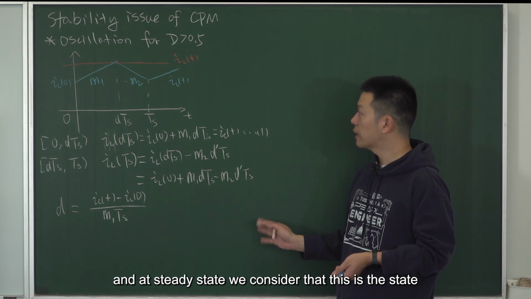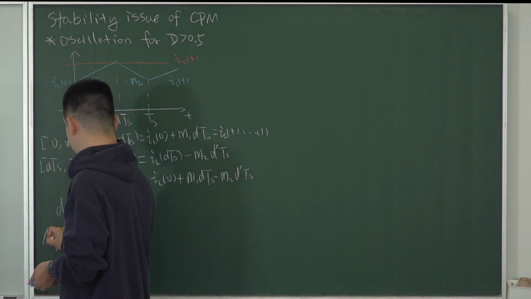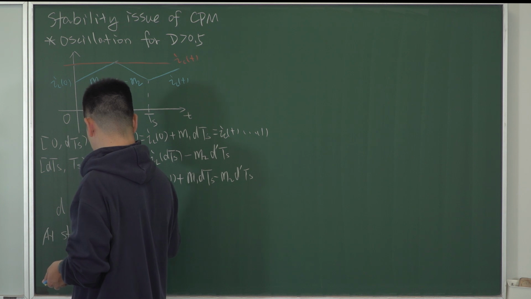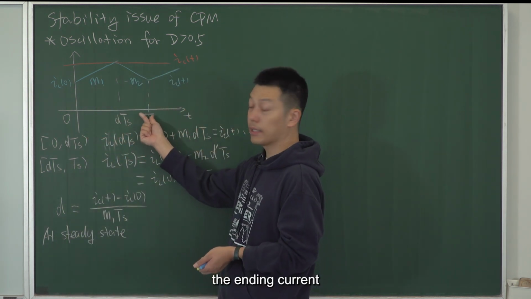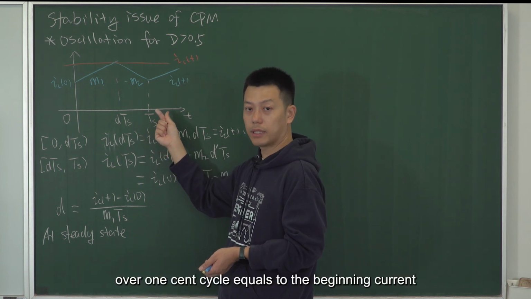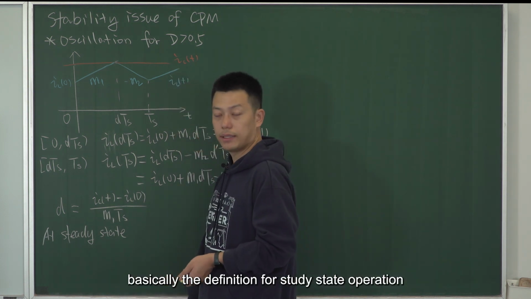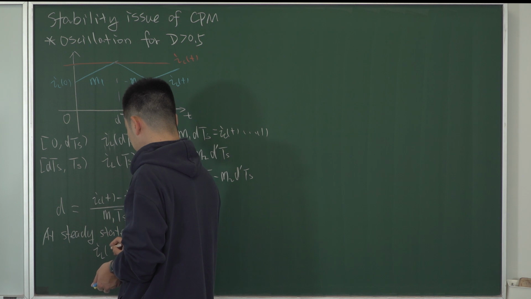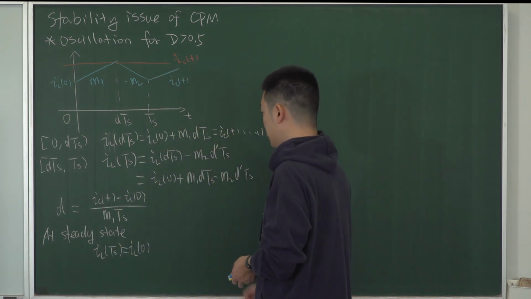At steady state, we would have that the ending current over one switching cycle equals the beginning current. That is basically the definition of steady state operation. So IL(TS) should be equal to IL0.